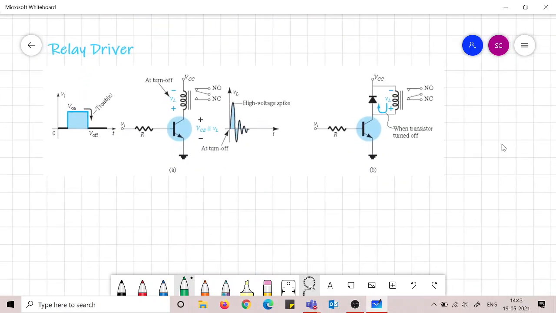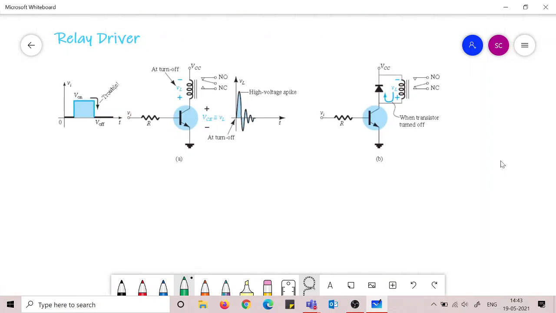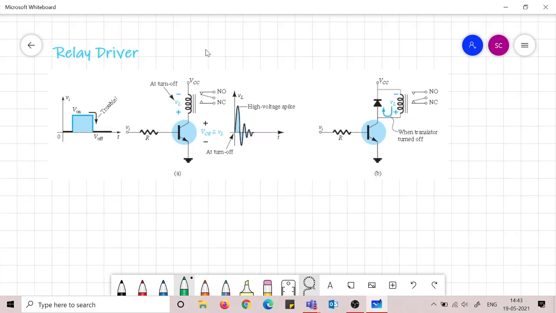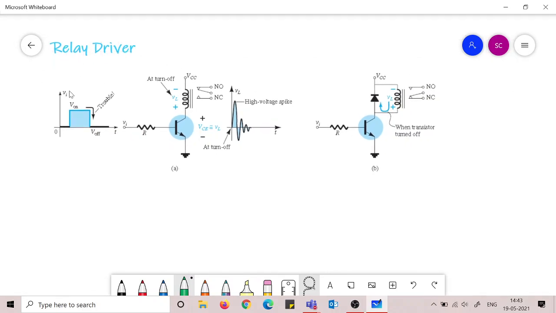The last one, another very well known application, is the relay driver. So what does a relay do? A relay is a switch which closes or opens based on some input signal which comes to that relay, and this input is due to some fault.